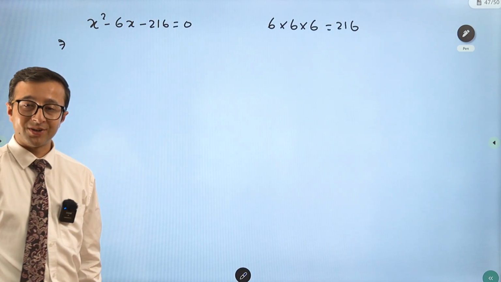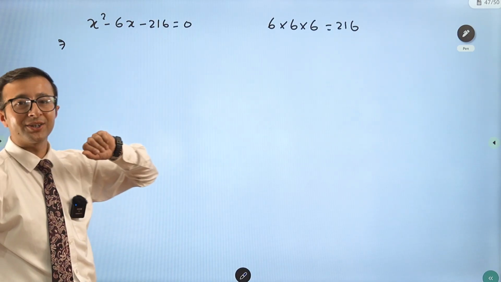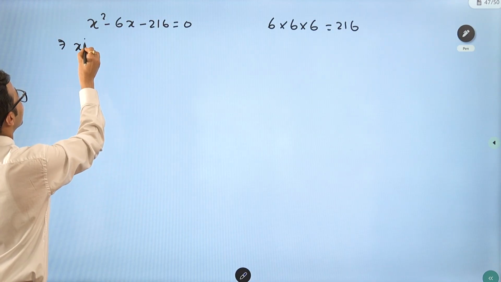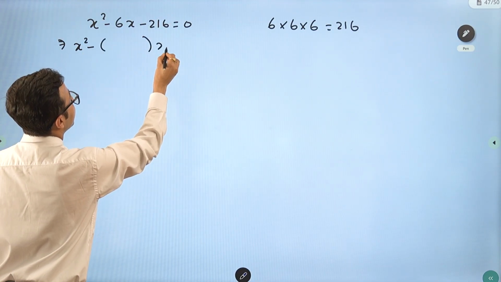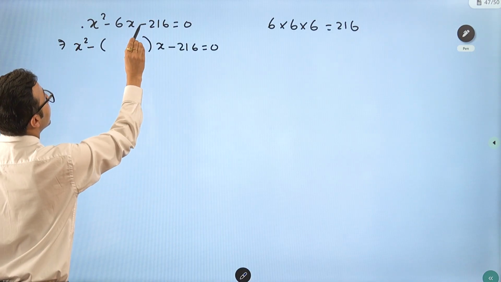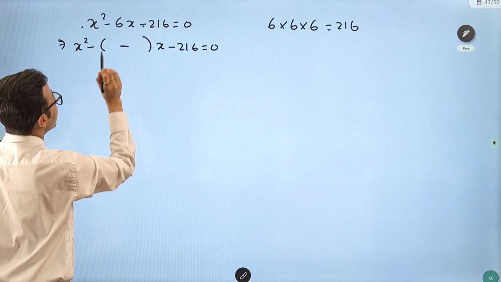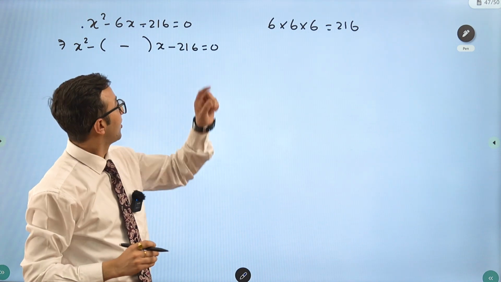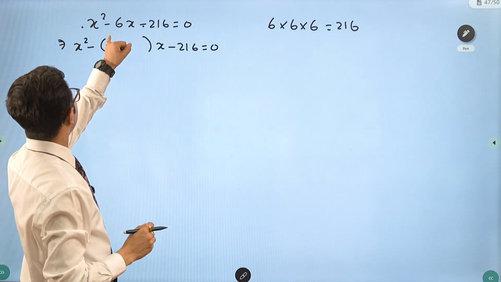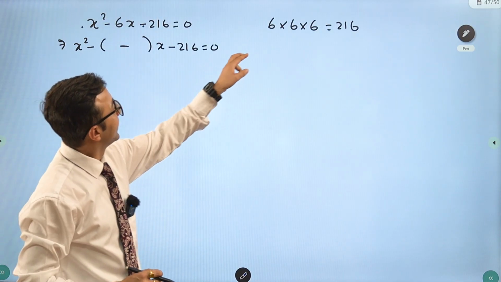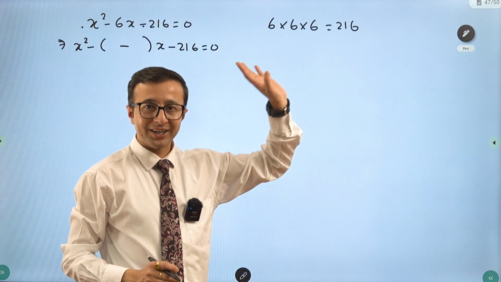If you want to use factorization, you should get two factors whose difference is 6, because in x square minus 6x minus 216 equals 0, plus into minus will give us minus. So we will find two factors of 216 whose difference should be 6. Now to get the difference 6, there are 3 sixes multiplied here.